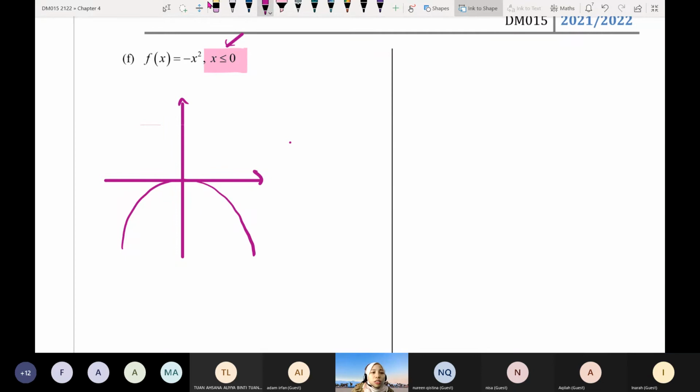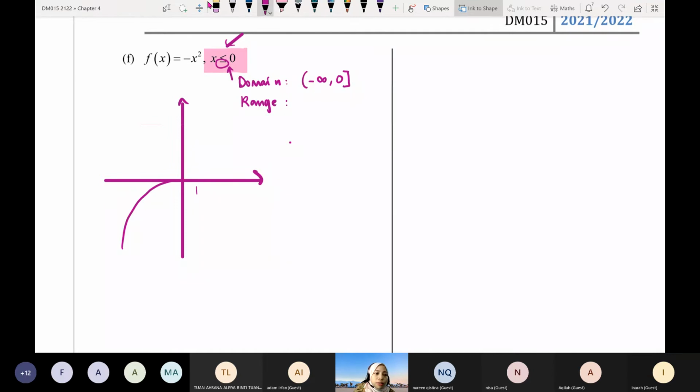So tengok dia nak x is less than 0. So I kena padam ni lah. Okay. So domain dia, inilah domainnya. Tapi you kena translate dia, iaitu daripada negative infinity up to 0. 0 include tak? Include. Okay, 0 include. And then range-nya apa?